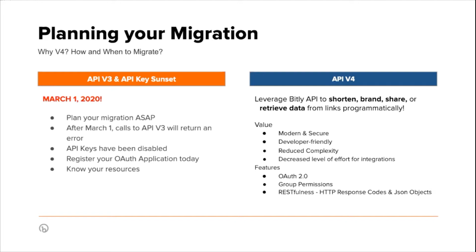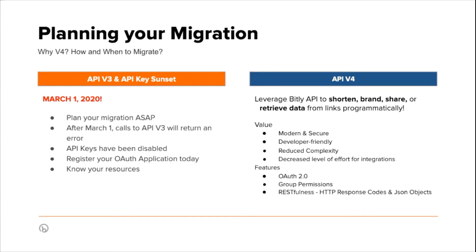We are announcing the sunset and formal deprecation of V3, as well as formal deprecation of API keys. We are moving all of our customers to API V4, and there's some additional value for our customers as well. So today I'll go over what we need to do to plan the V3 and API key sunset and when we need to plan it.